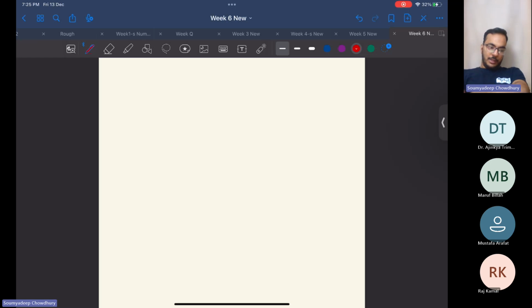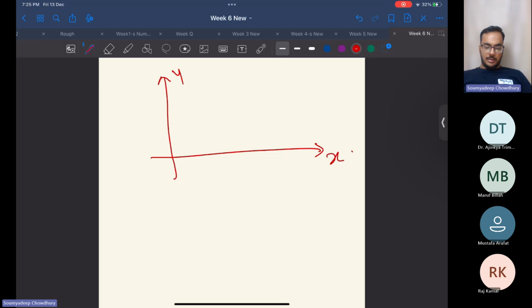So you try to predict what is the, okay, I'll show you one graph here. Suppose this is your XY curve, and here you have obtained a lot of data like this. These are the data points, right?